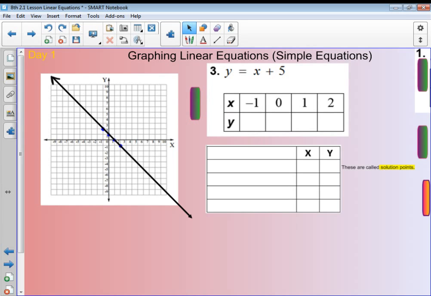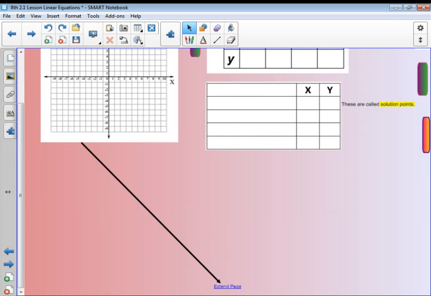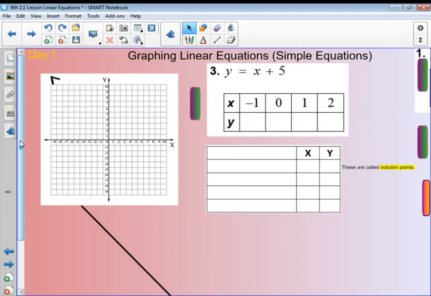Okay, so let's do one more. This time we've got x plus 5. So I'm going to get rid of this line. This is a nice, quick and easy one for you to go through and solve. So why don't you pause the video and try this one on your own, and then check back in just a minute to see what your answers should have been for your x and your y.